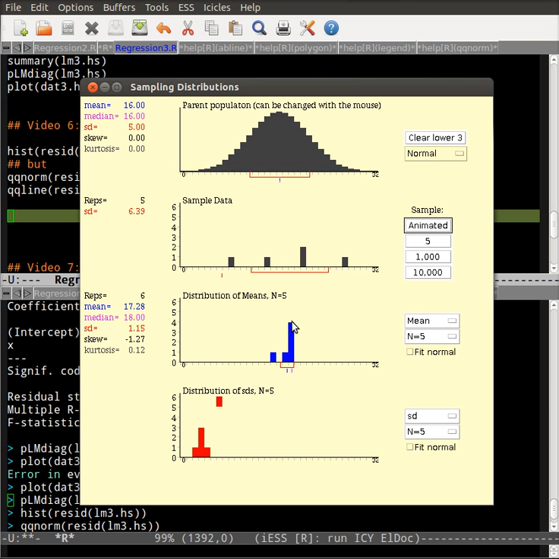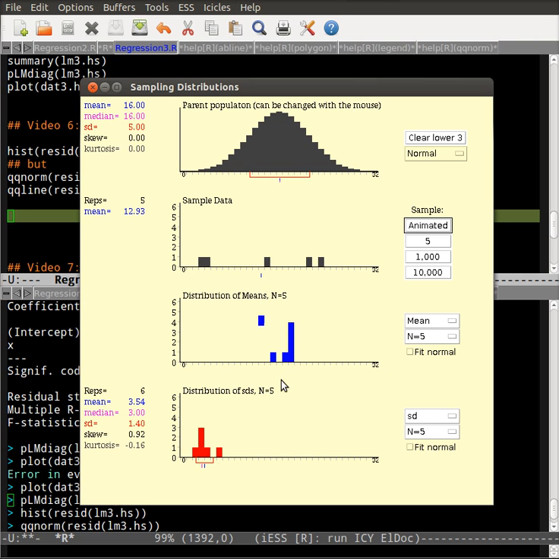You see here, I keep piling up a bunch of values. The distribution of my means, think of this as a parameter estimate, doesn't look normal at all. Now maybe I'll get a few dots here, and notice that now I've got a skewed distribution. So that distribution doesn't look so good with small sample sizes.